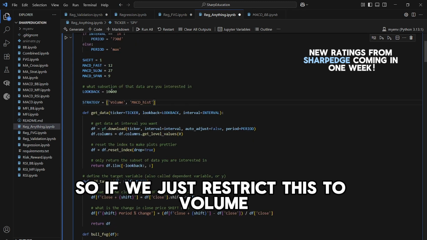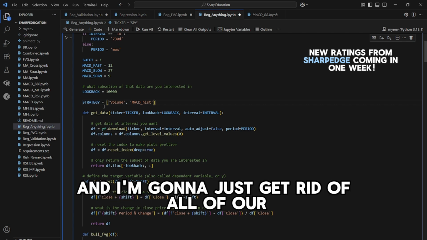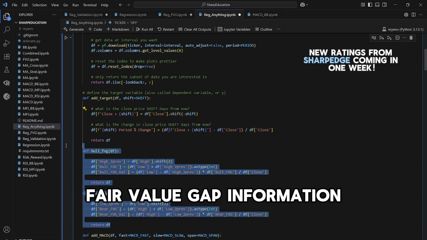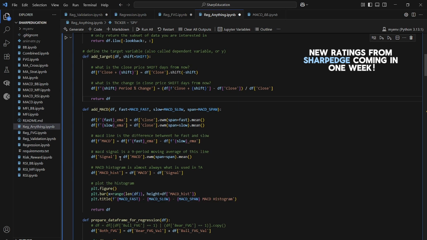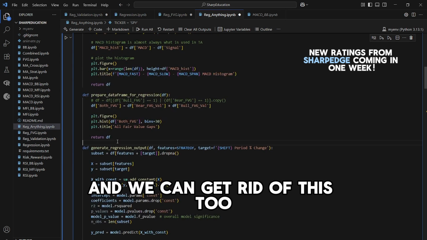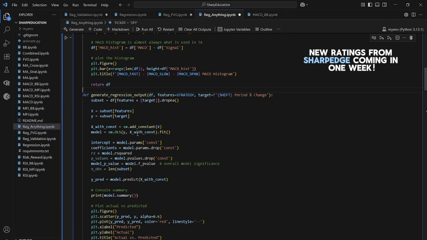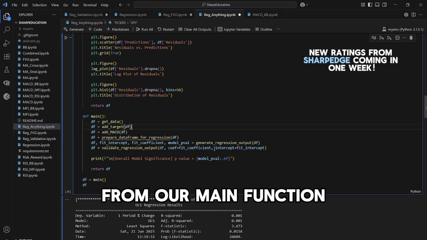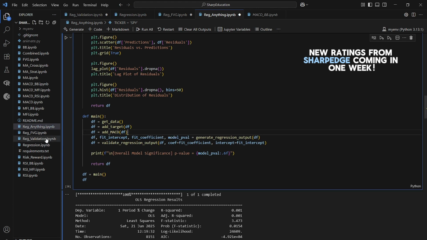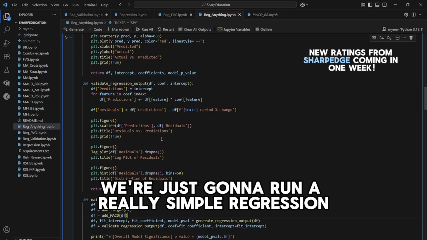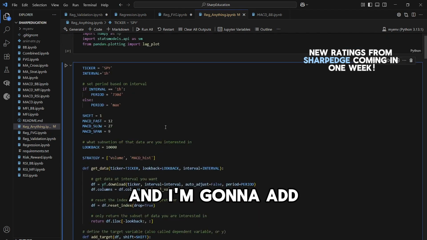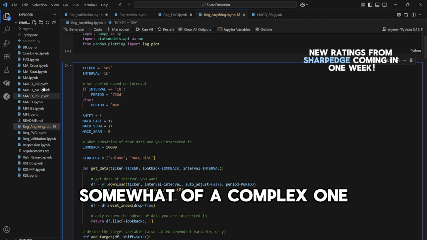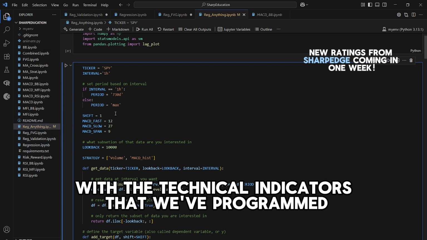So if we just restrict this to volume and the MACD histogram, I'm going to get rid of all of our fair value gap information, and we can get rid of this too, and get rid of all of those from our main function. We're going to run a really simple regression analysis to start out, and I'm going to add indicator after indicator to eventually build somewhat of a complex one with the technical indicators that we've programmed.